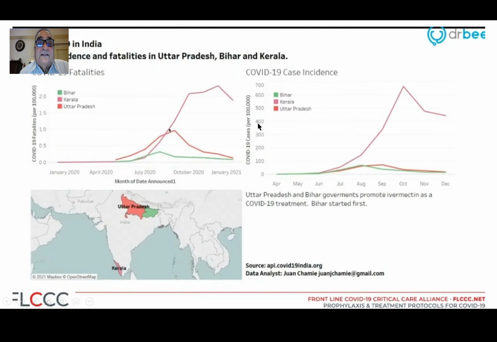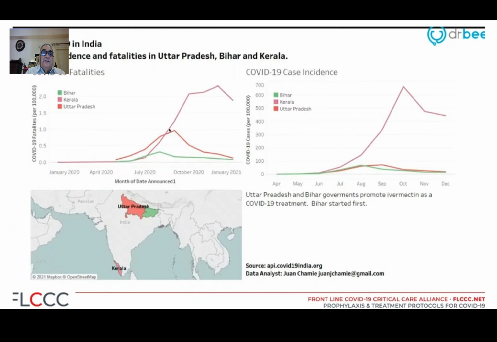And this is evidence that Ivermectin should have been taken for prophylaxis and treatment of mild, moderate and long haul cases of COVID-19. So let us try to establish whether or not Ivermectin should have been taken.